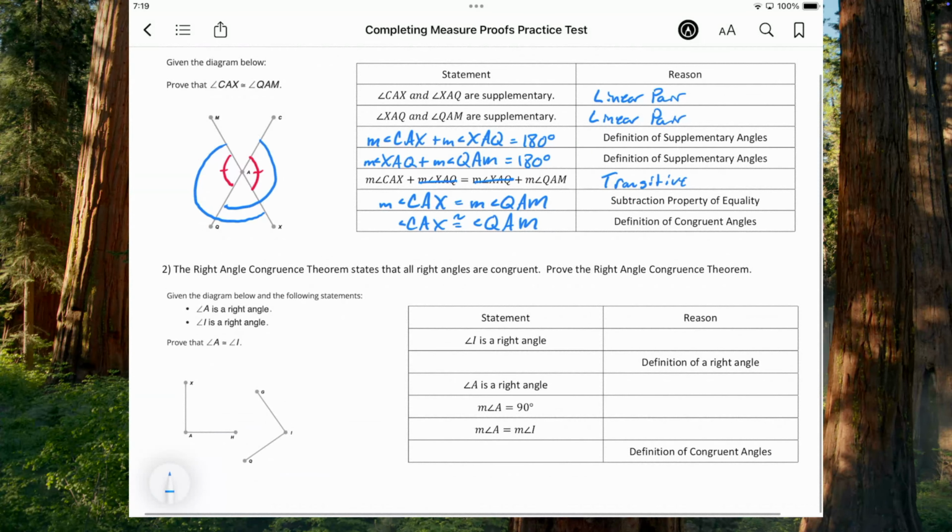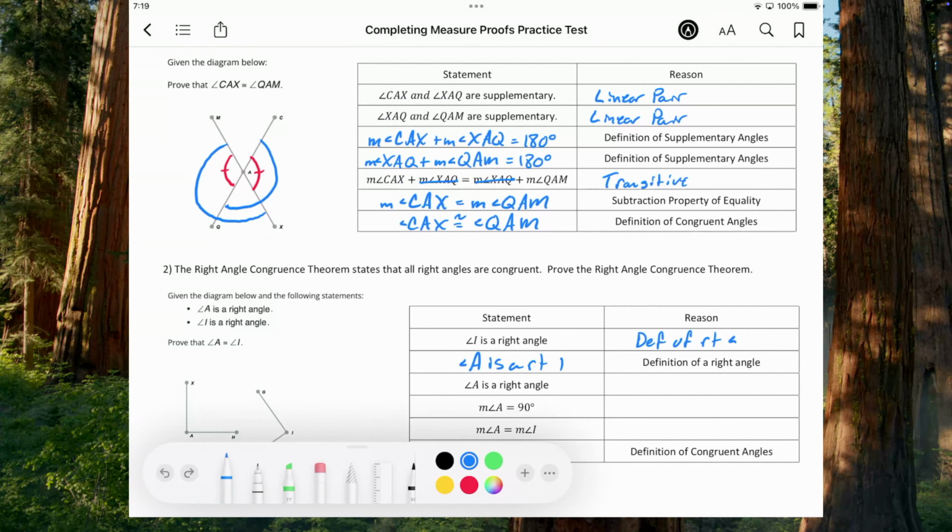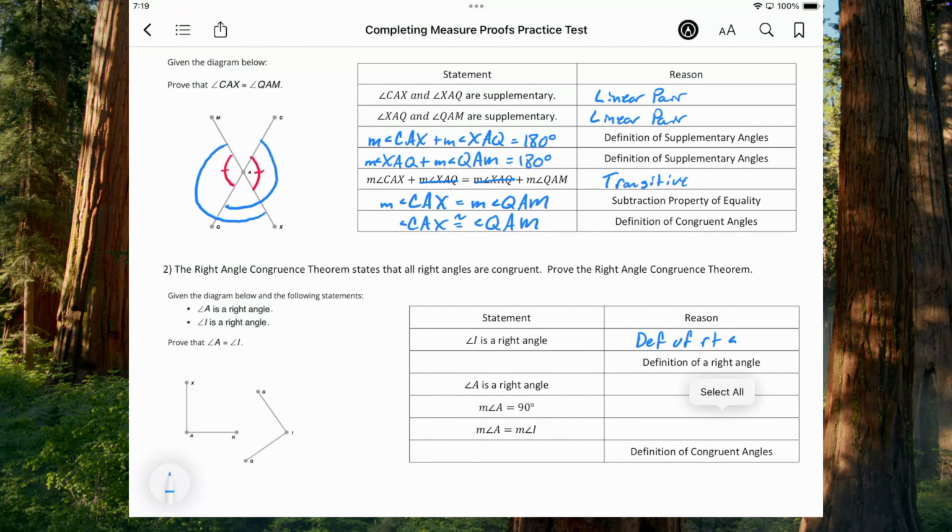Okay, we have angle A as a right angle. That's the definition of right angle. We have angle I is also a right angle. Actually, that's not what needs to go there. What needs to go there is the measure of angle I is 90 degrees.